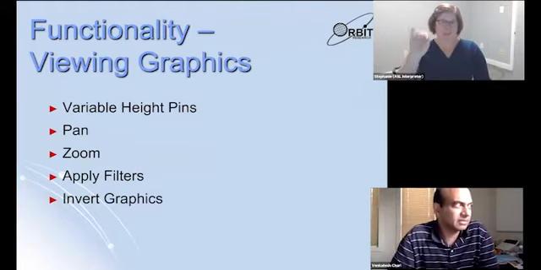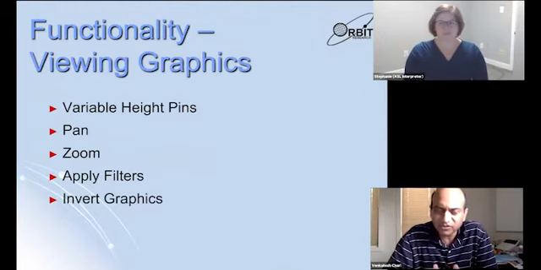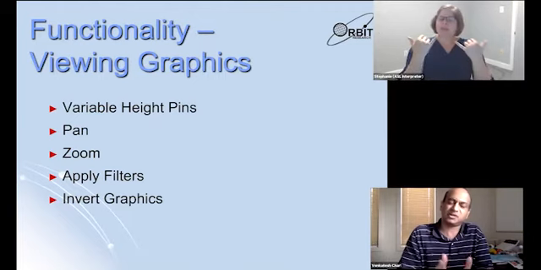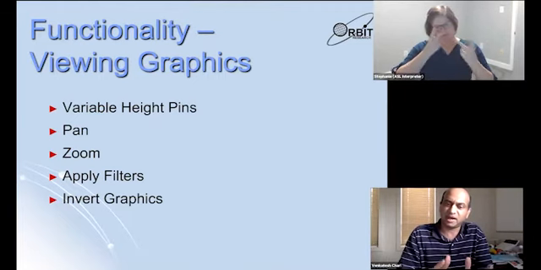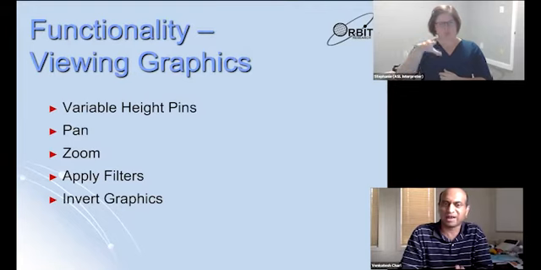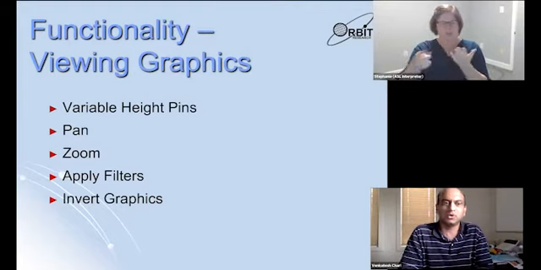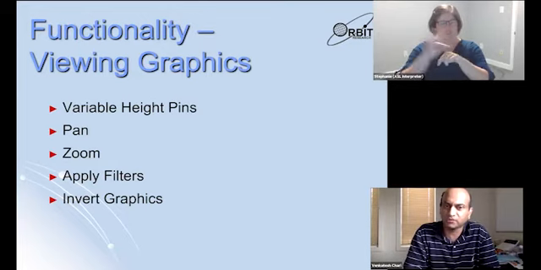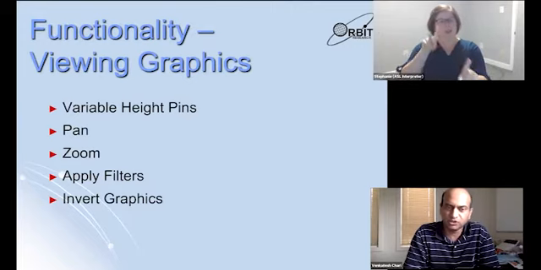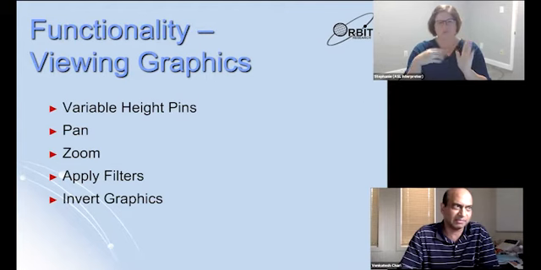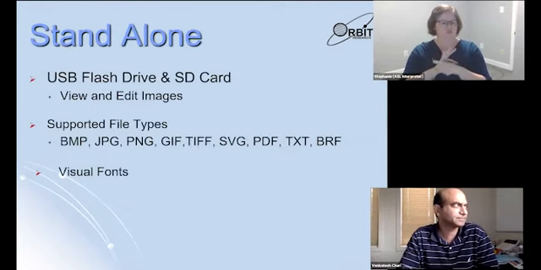So for viewing graphics, the whole purpose of this product is a terminal device, a device to view graphics. That's what it's intended for. So it has various functions that would allow easy viewing of graphics, such as panning around a picture, zooming into it, applying different filters to process images, and I'll show some effects that use filters, and also to invert graphics to make them more user-friendly.